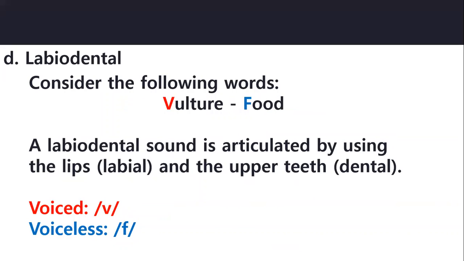Then we have labiodental, in the words vulture, food. A labiodental sound is articulated by using the lips, or labial, and the upper teeth, dental. So we have voiced v, the vibration of the vocal cords, and voiceless f, no vibration.